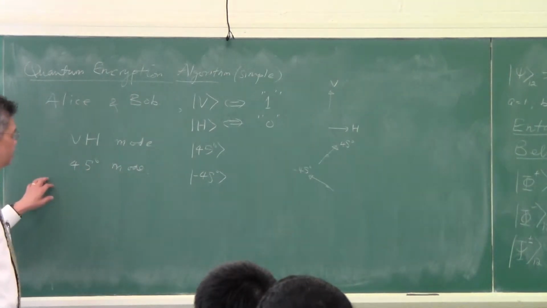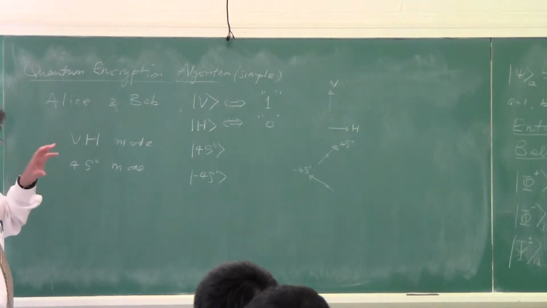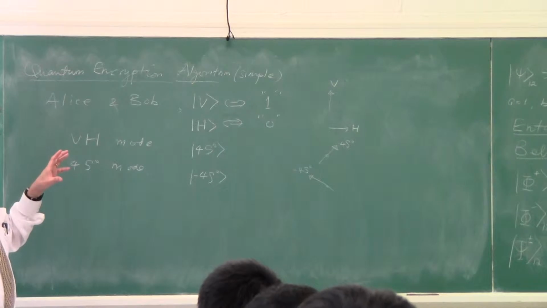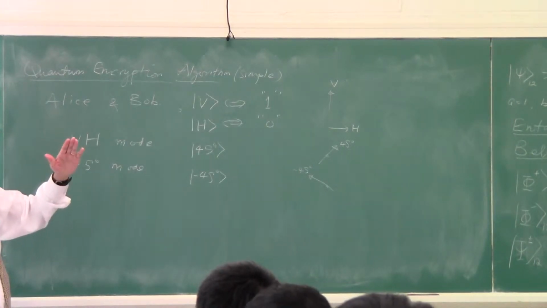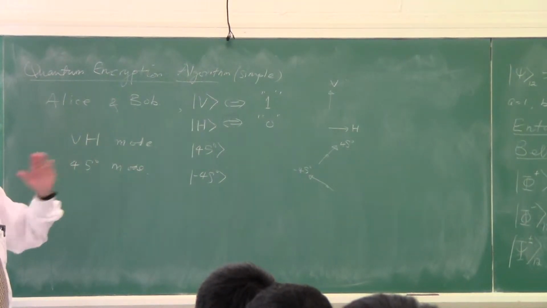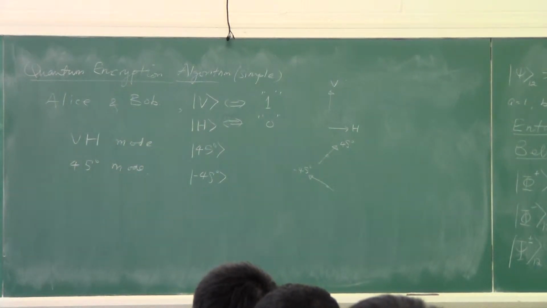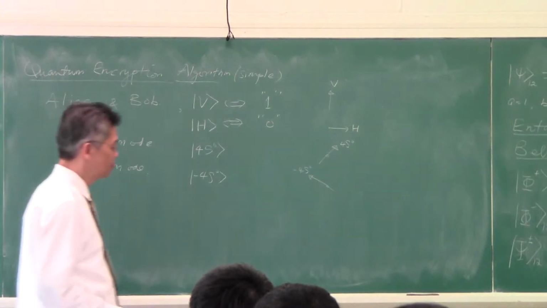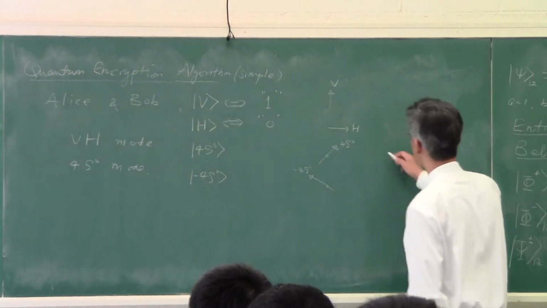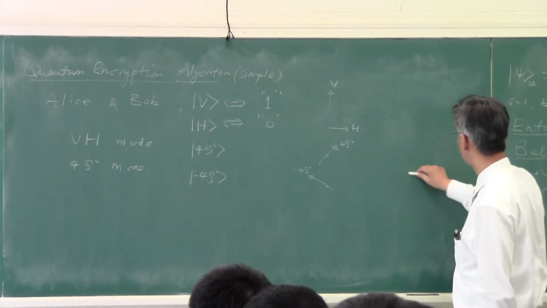And Alice and Bob can generate photons in this mode by passing the photons through an optical polarizer. If they align the polarizer to be 45 degrees, the photon that goes through has to be polarized in that direction after passing through the polarizer. Before the polarizer, the photon can be in a linear superposition of these two states.